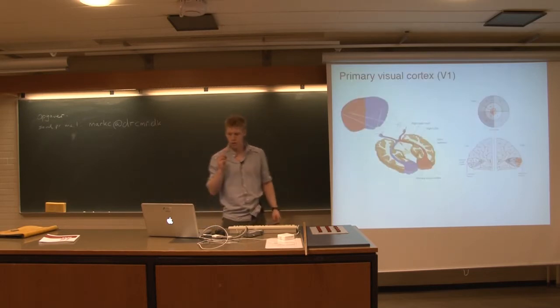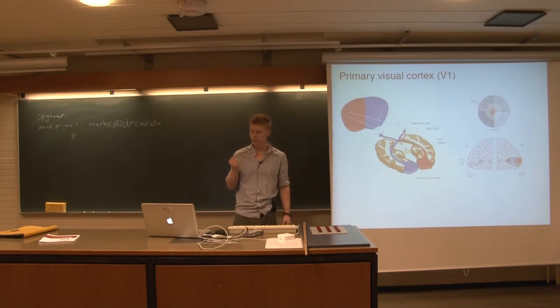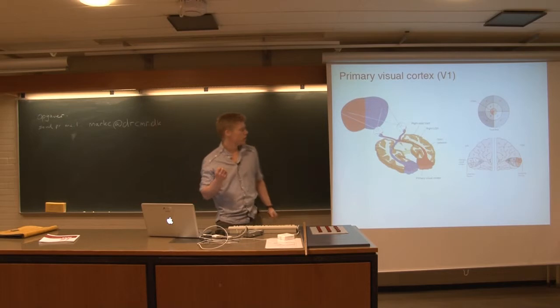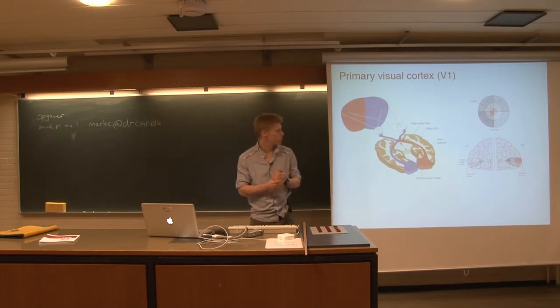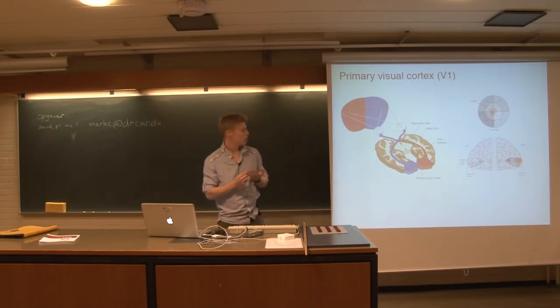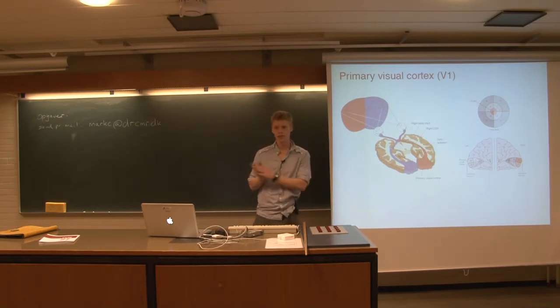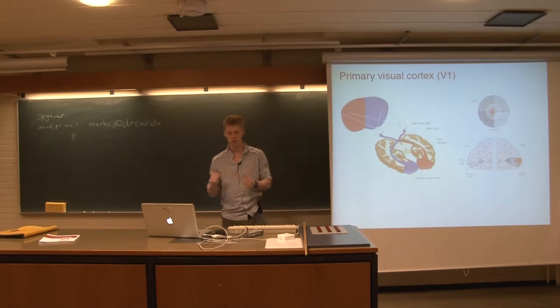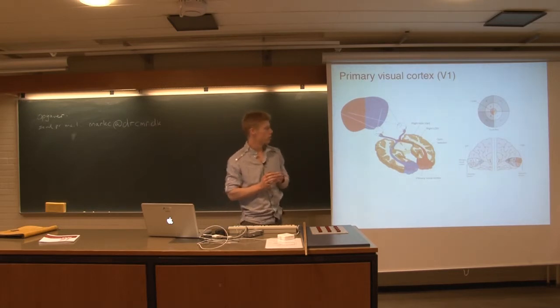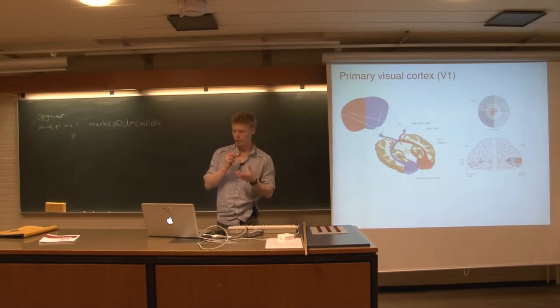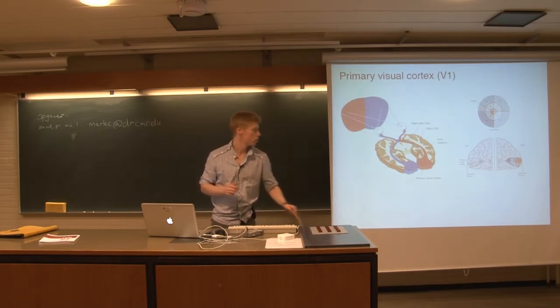So a couple of lectures ago, we looked at the primary visual cortex, Brodmann area 17 in the occipital lobe. And we saw how the stimuli from the left hemifield and the right hemifield are projected to the opposite hemispheres of the primary visual cortex. We also saw that there is a retinotopic distribution in the way the primary visual cortex is organized.